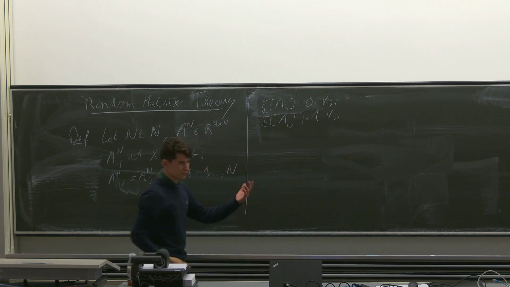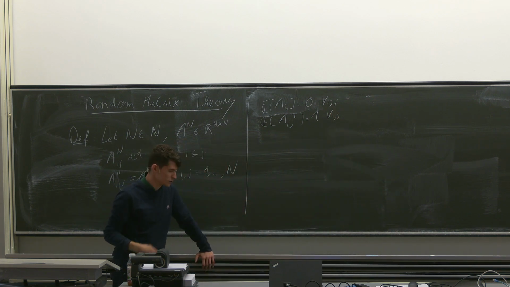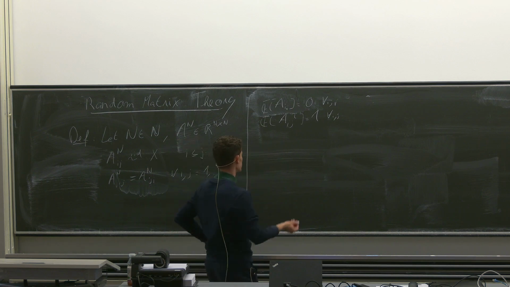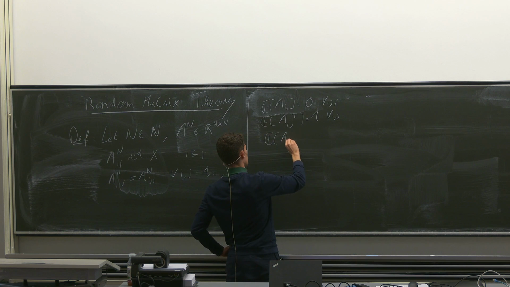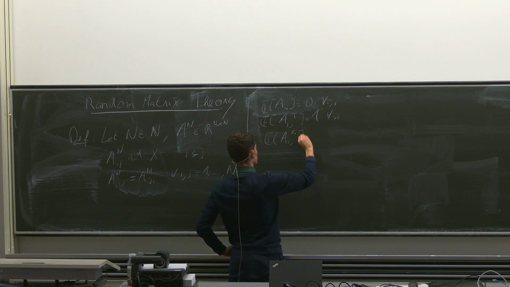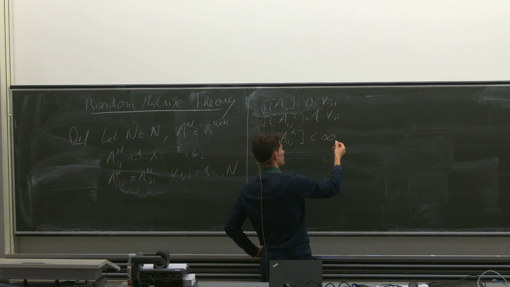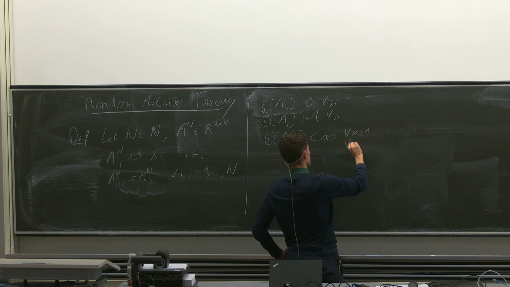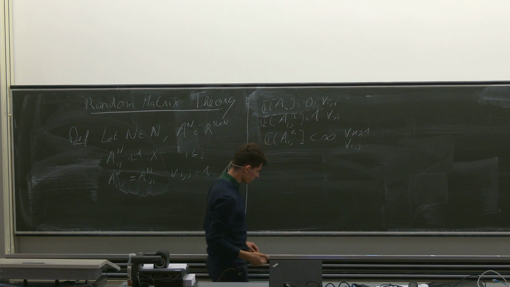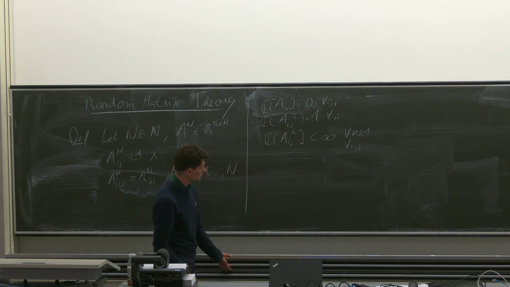And since the proof we're going to use, the result we're going to state and the proof we're going to discuss is going to involve the moments of these random variables, we'll also assume that all the moments are finite. Yeah? So the expectation of A_ij to the power k is finite for all k greater than 1 and for all i and j. Okay, so this is the context.